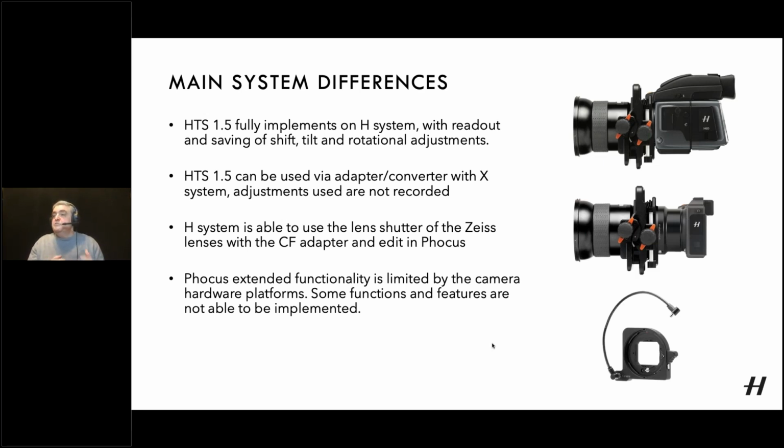But obviously, there comes a point where the actual camera platform limits what we can do in terms of the functionality and expanding that. So that then becomes the limiting factor. Not just a case of we haven't implemented it in Phocus, it's the camera hardware that becomes the limiting factor in terms of processing what we need to do, etc. Okay.